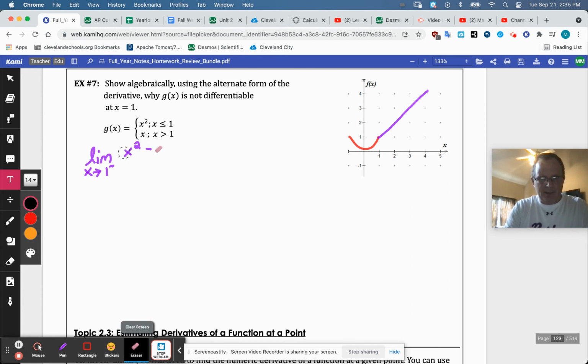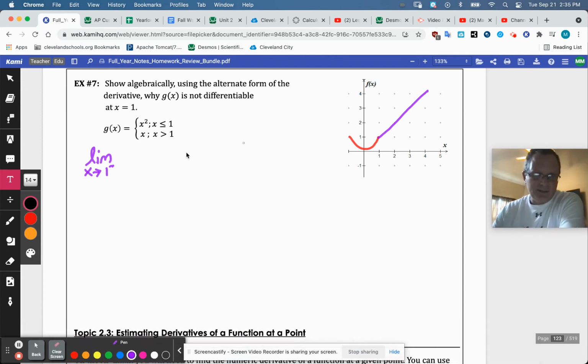It is going to be that, but I want to show a little bit more. Show the proper notation. It's not wrong, it's just let's make it clear. Of f of x minus f of 1 over x minus 1. This is the alternate form of the derivative.